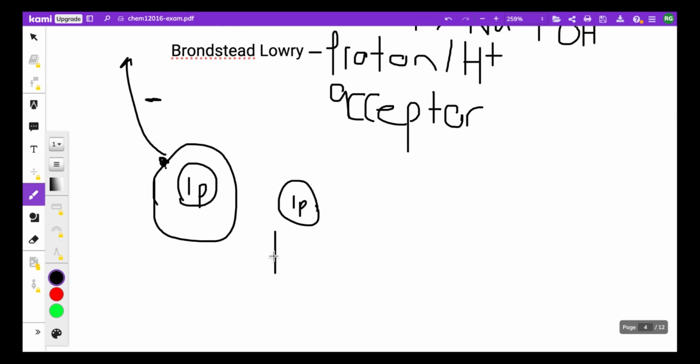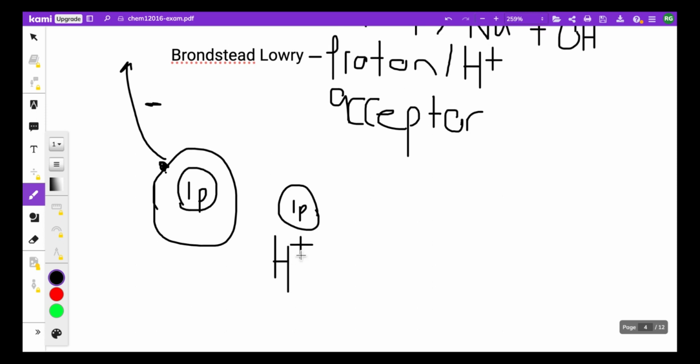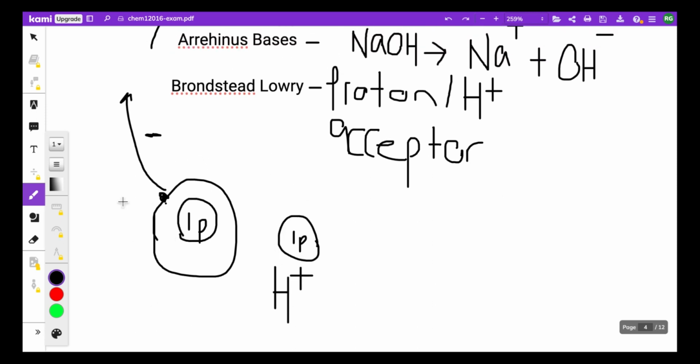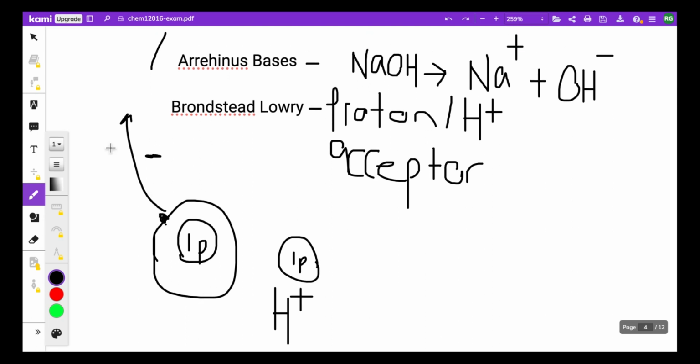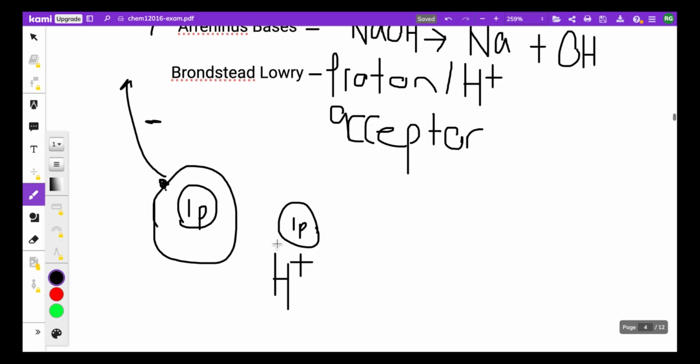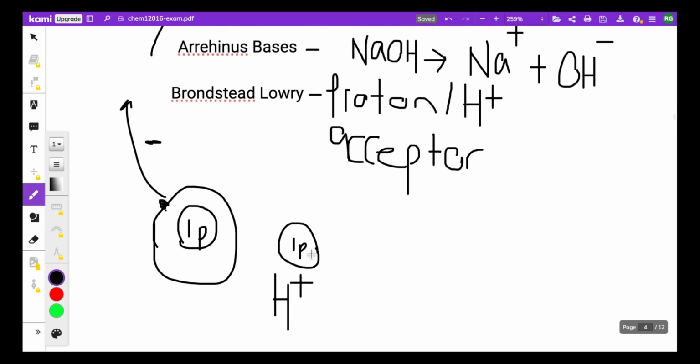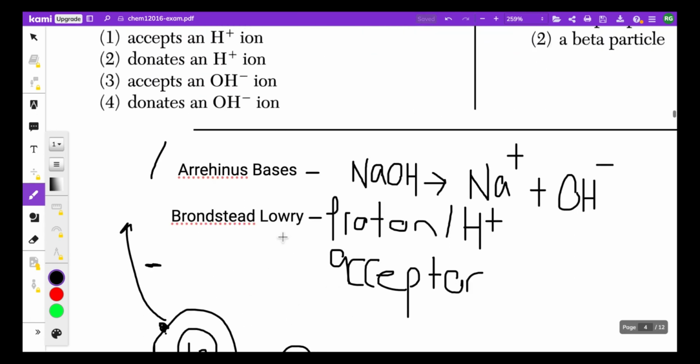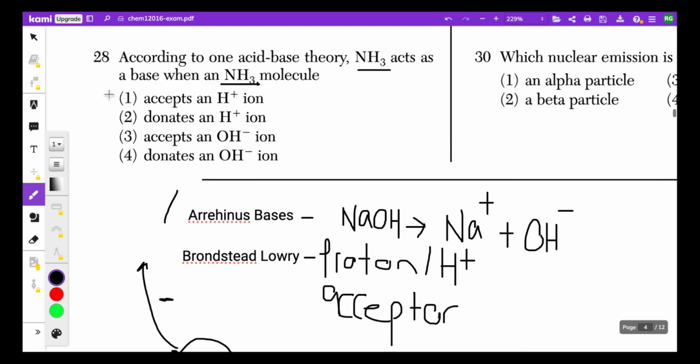And this is the same thing as H plus, because this right here is a hydrogen atom. And when a hydrogen atom loses an electron, it becomes a hydrogen ion, a hydrogen cation, which is just a proton. So this is going to be an H plus ion. That's the definition of a Bronsted-Lowry base. It's a proton or H plus acceptor.